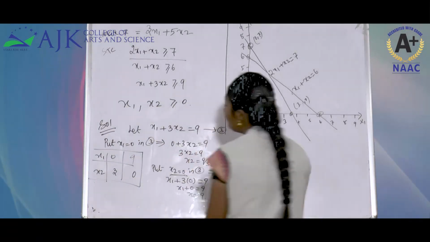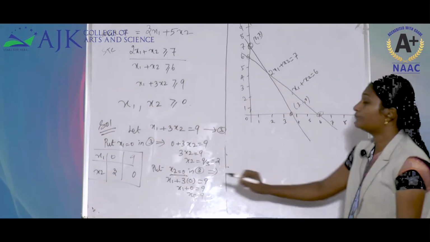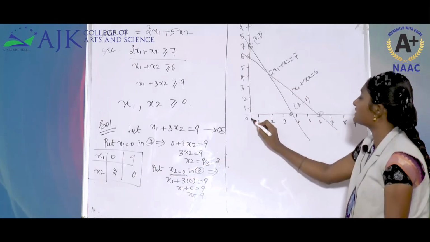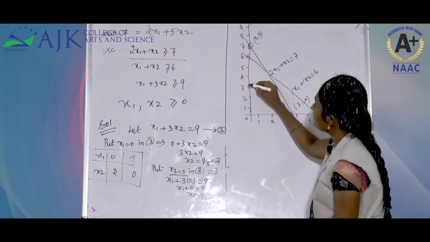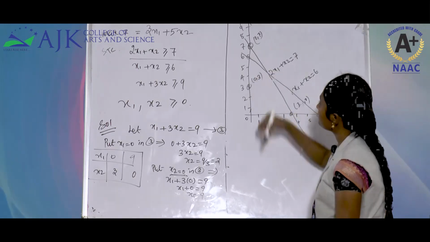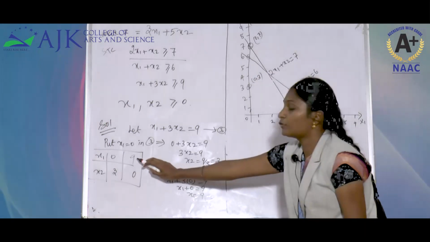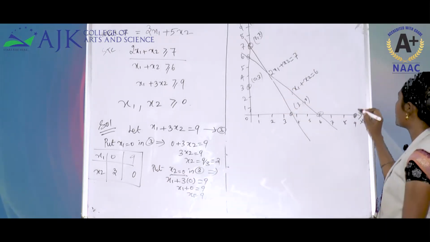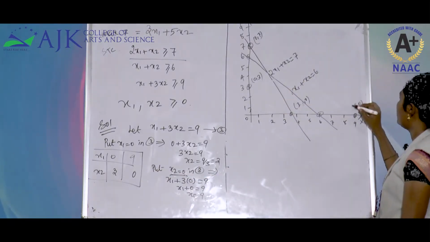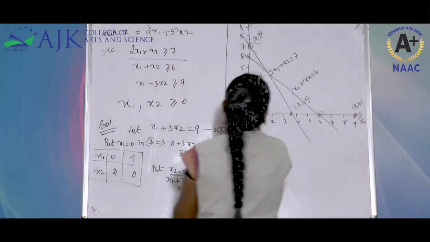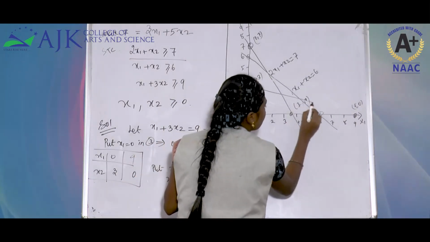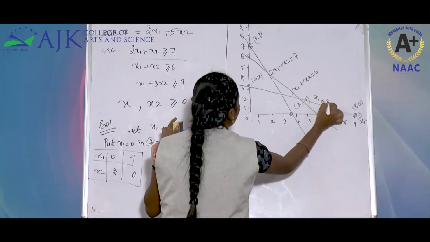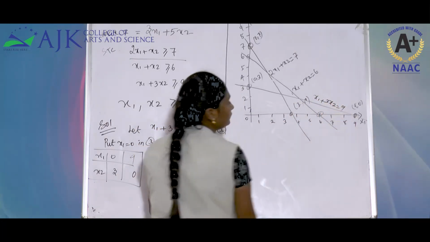Now we have to plot the graph for these points. x1 is 0, x2 is 3: in the x1 axis 0, x2 axis is 3. Next, in the x1 axis 9, x2 axis 0. Join these points and write the line x1 plus 3x2 is equal to 9.